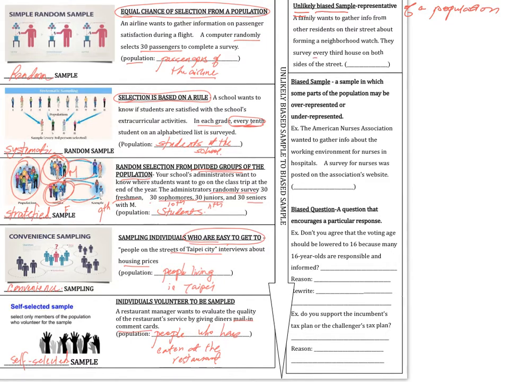They survey every third house on both sides of the street. So it's not like the first 3 houses are being surveyed, and that would be biased, but it's following a systematic way of sampling, so that would be unlikely biased. So I'm going to make a note here that this is a systematic method.